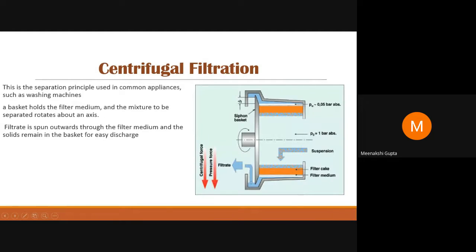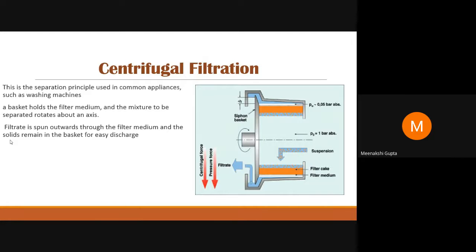You can understand this easily through this diagram. The basic application of centrifugal filtration we can compare with the washing machine. The principle of centrifugal filtration is used in a washing machine to remove water from the clothes.